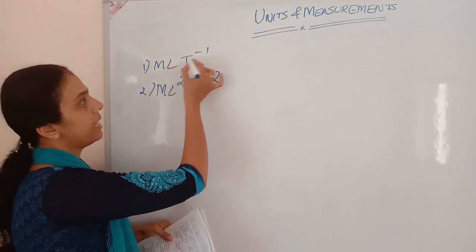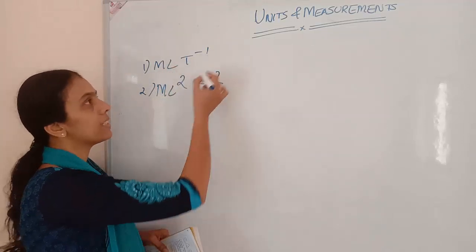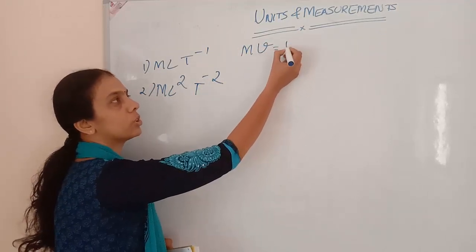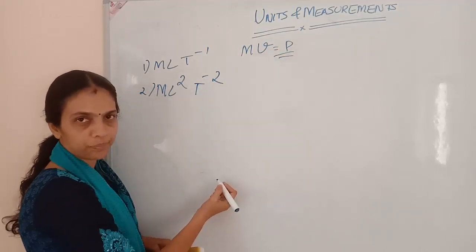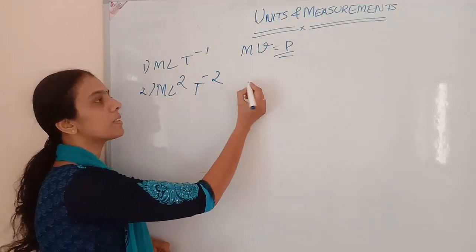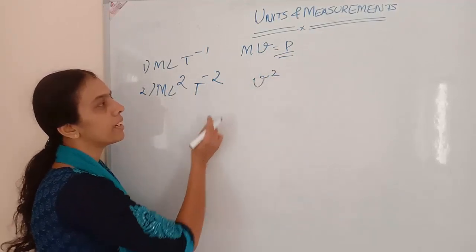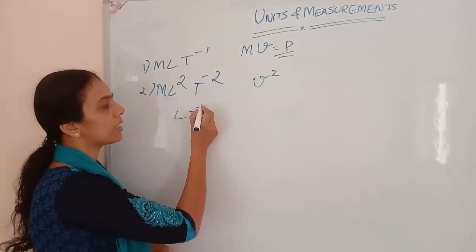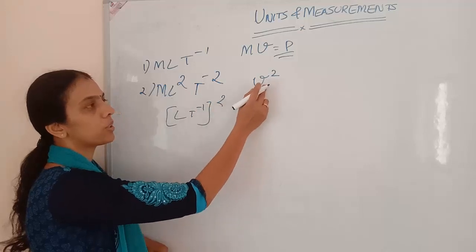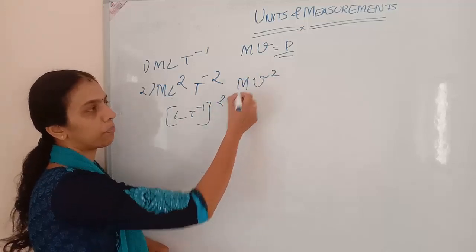L t to the power minus 1 is velocity. Mass into velocity is momentum. Now L square t to the power minus 2 is v square, since L t to the power minus 1 is velocity. So mL square t to the power minus 2 is m into velocity square.